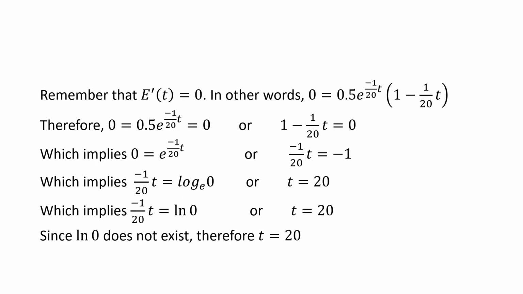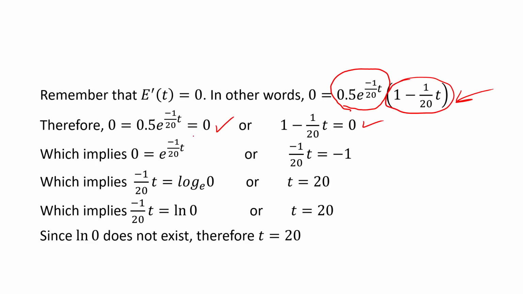So what we're saying is that when we set that derivative equal to 0, we're saying that 0 will be equal to that expression next to the arrow. So that means that either this first factor is equal to 0, which we wrote here, or this second factor is equal to 0, which we wrote here. Well, let's focus on the first factor.